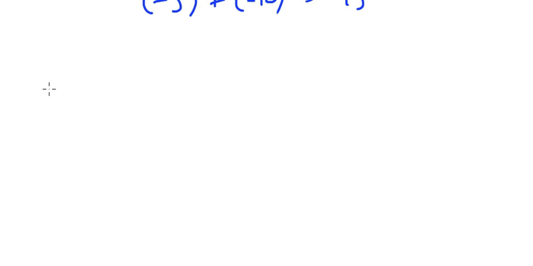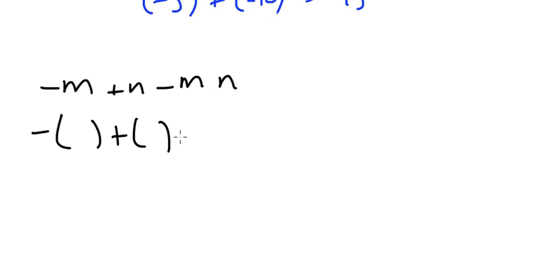So we have minus m plus n minus m n, and we know we have to have parentheses, plus parentheses, minus parentheses. M is what, guys? M is negative 2, and n is negative 5.